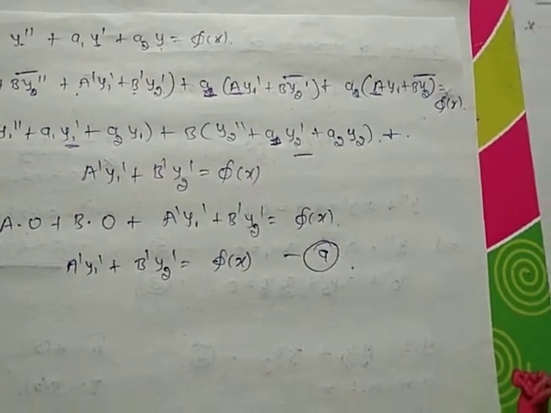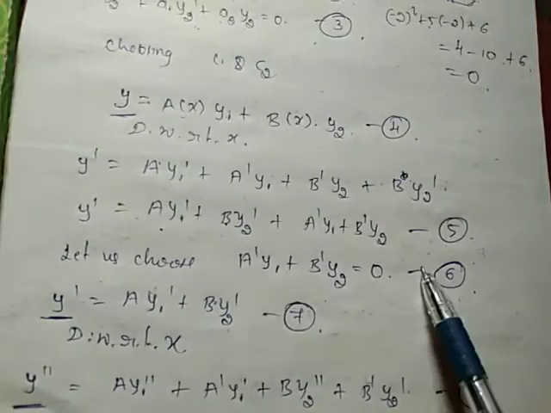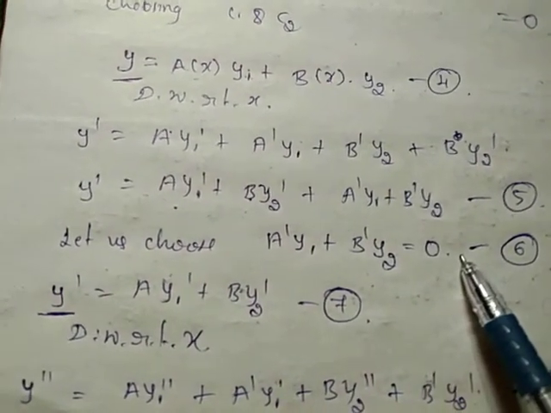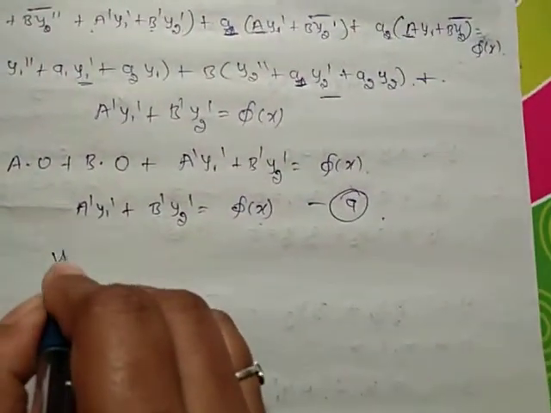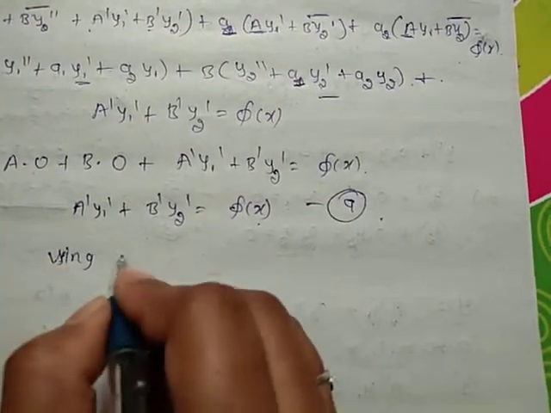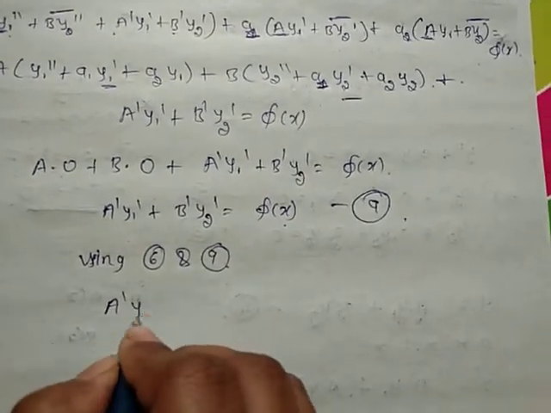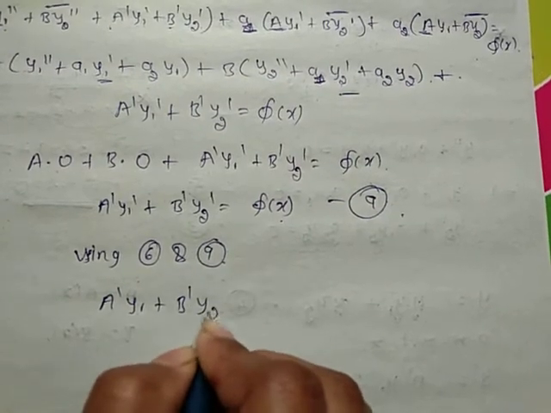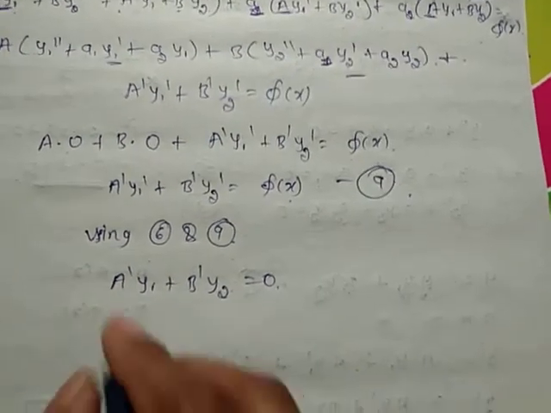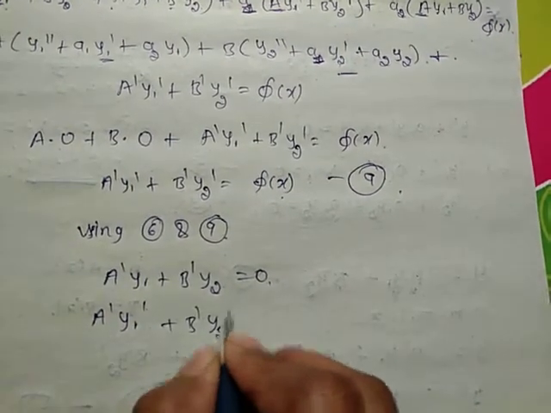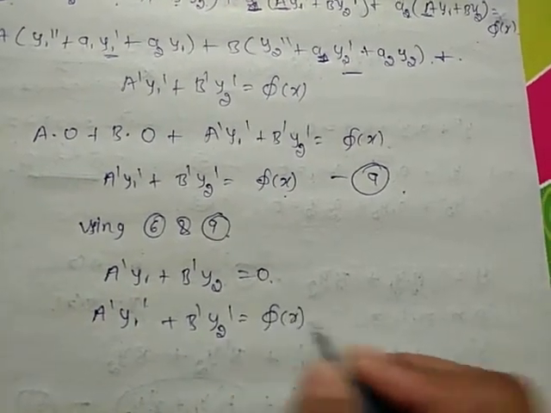Using equation 6, here is your equation 6: a dash y1 plus b dash y2 equal to 0. Using 6 and 9, a dash y1 plus b dash y2 equal to 0 and a dash y1 dash plus b dash y2 dash is equal to xi of x.